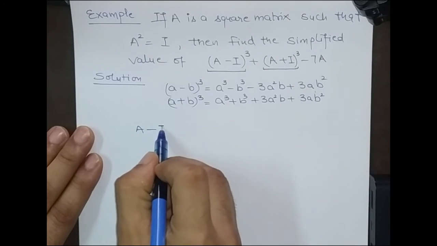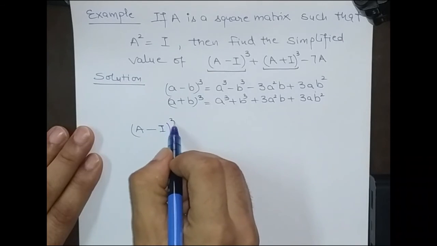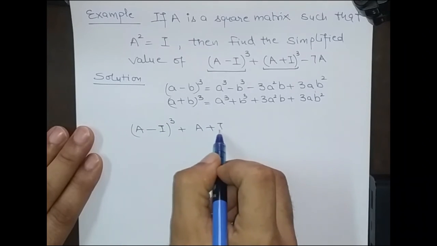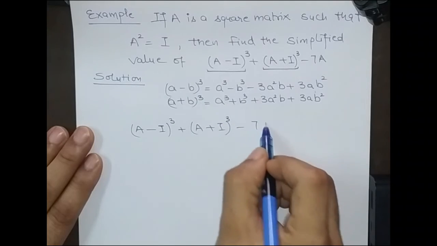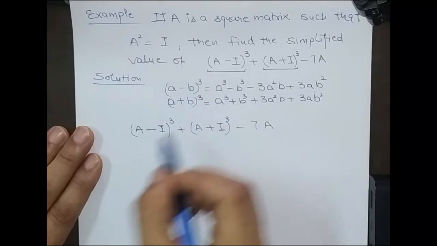(A minus I) cube plus (A plus I) cube minus 7A. Here we will follow this one.